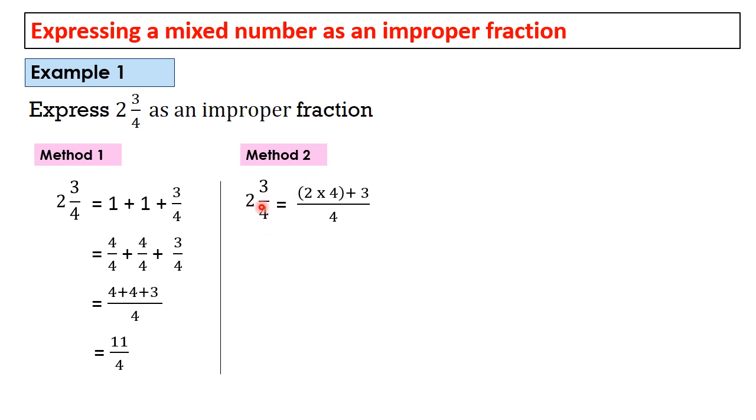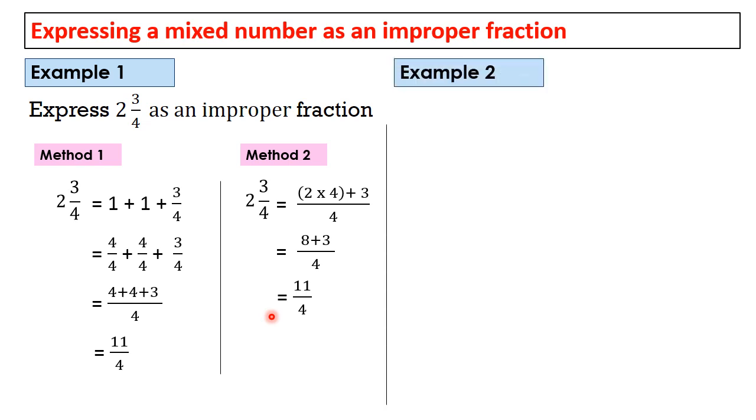So 2 times 4 plus 3 over 4. The denominator remains the same. Now the numerator, 2 times 4, 8, plus 3, that is 11 over 4. So we got the same answer as in the first method. So 2 3/4 is equal to 11 over 4. And this is the second method.